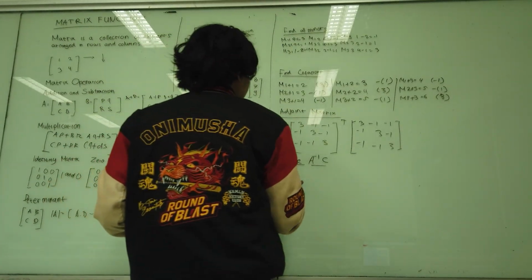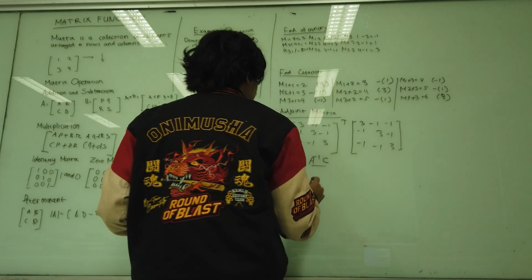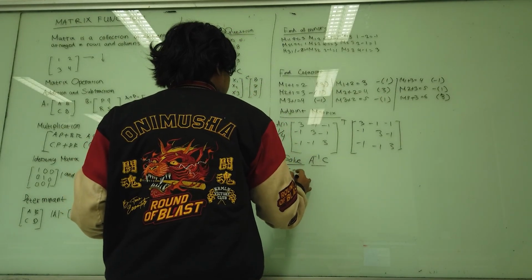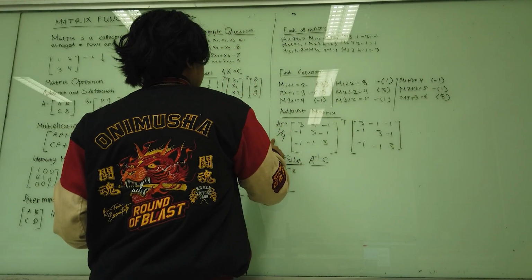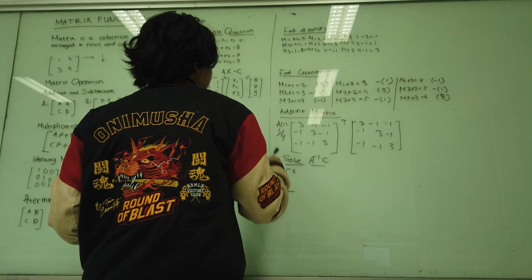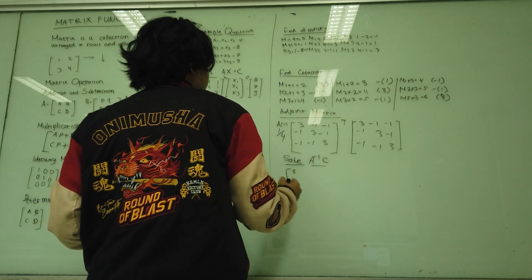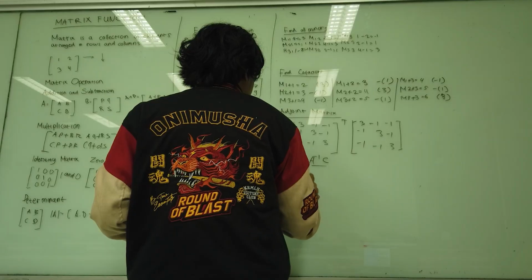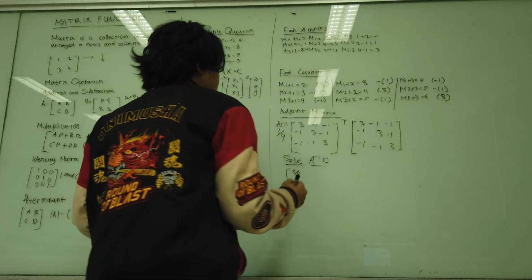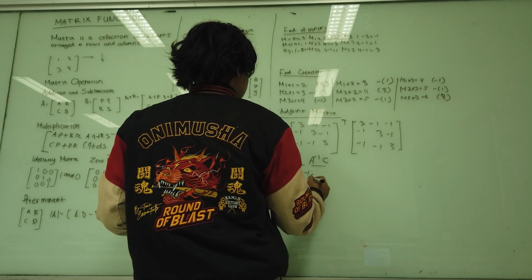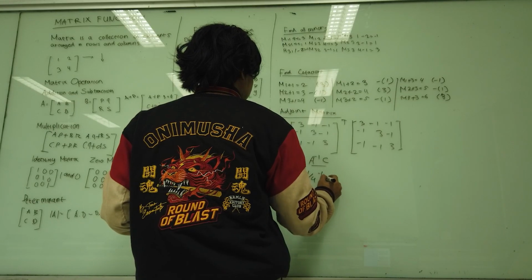Okay, we create a new matrix. 3 per 4, as you can see here, A power of minus 1. Sorry. Minus 1 per 4. Minus 1 per 4.